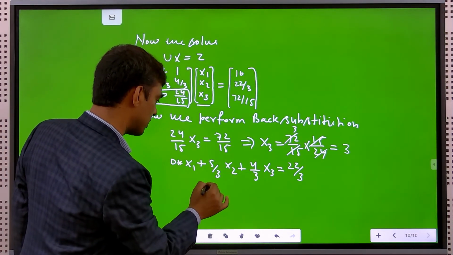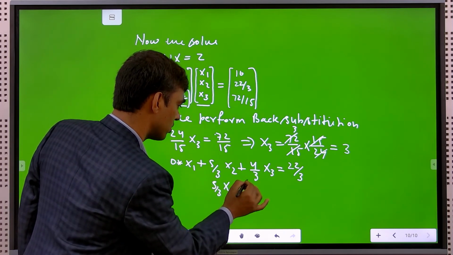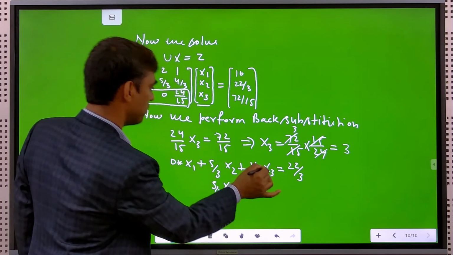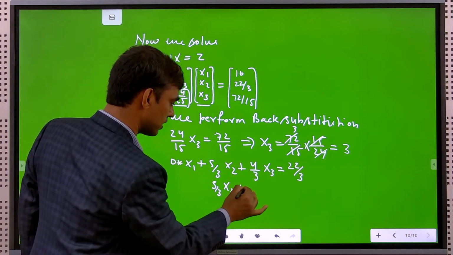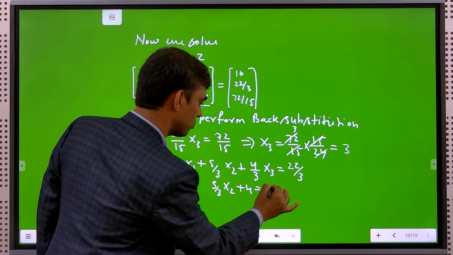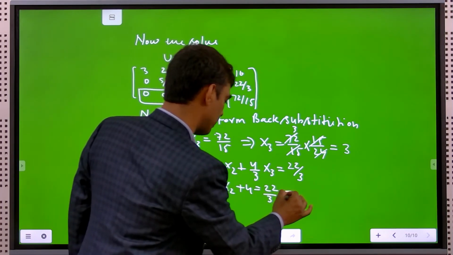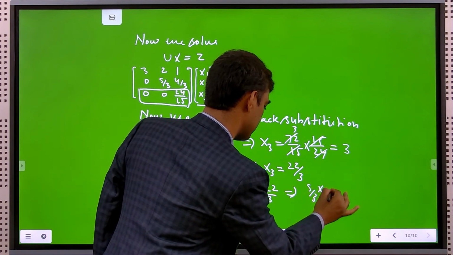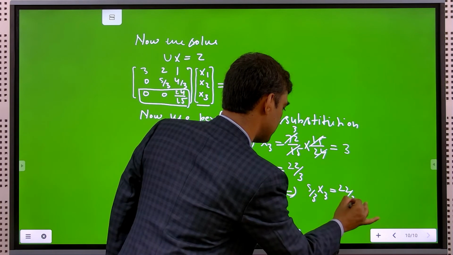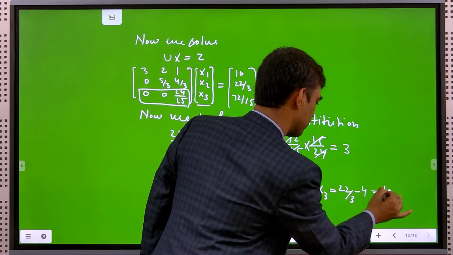Then the 3 cancels out, and this becomes plus 4 equal to 22 by 3. If we simplify this, then 5 by 3 x2 equals 22 by 3 minus 4, and this becomes 10 by 3.